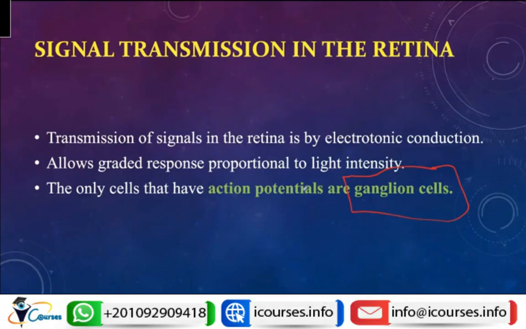The other retinal cells have only electrical current, either depolarization or hyperpolarization, but not a full action potential. And this electrical current will be graded according to the intensity. The higher the intensity of the light, the greater the response and the greater the hyperpolarization at the photoreceptors. So this can be considered a graded response.